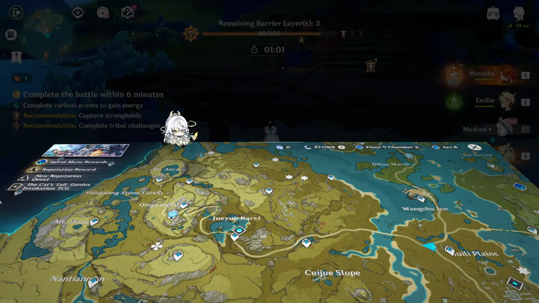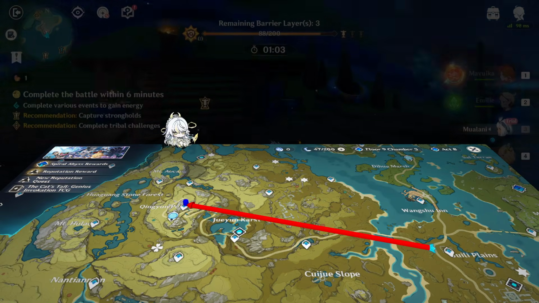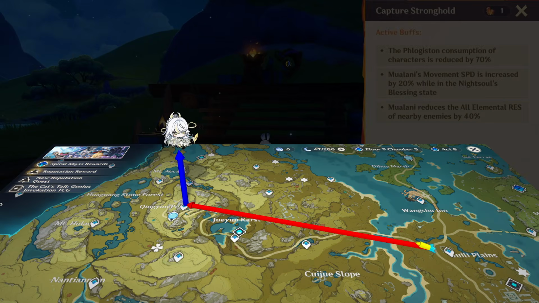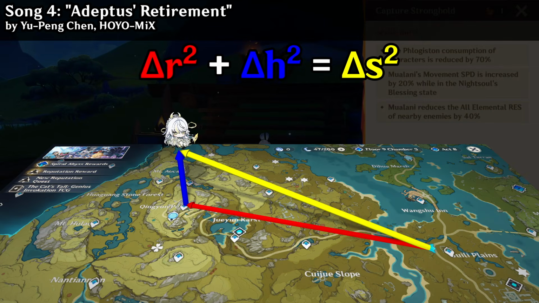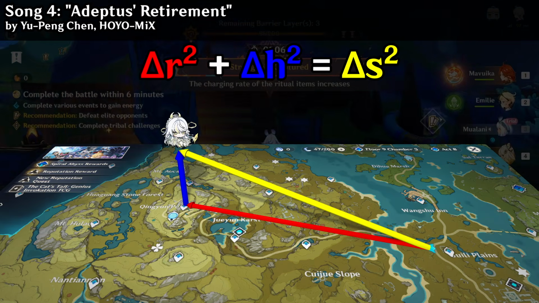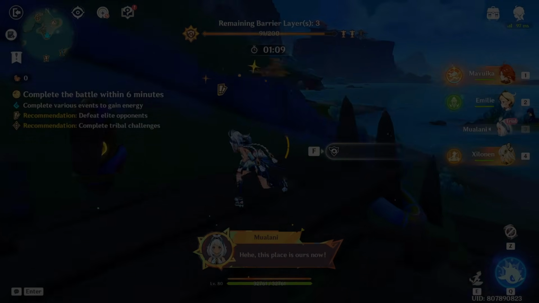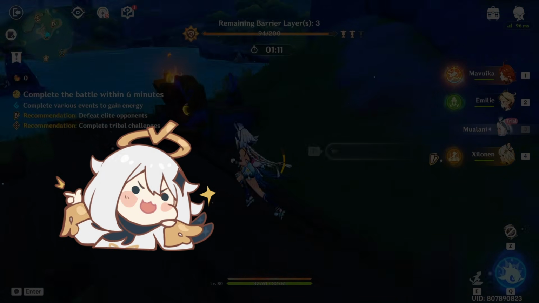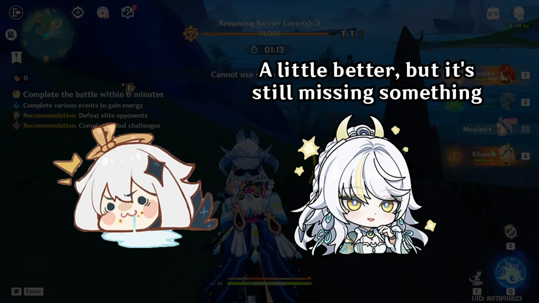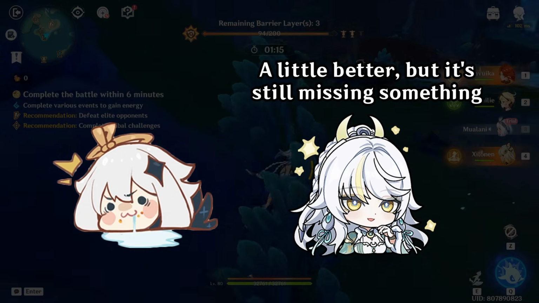By considering the change in your horizontal position, along with the elevation change, you can calculate the distance between your start and end position. This again is quite intuitive to grasp, but this once again fails to capture your hardship and effort.